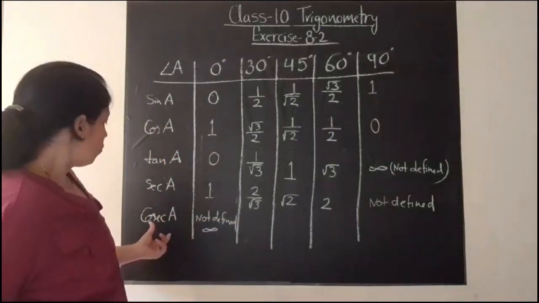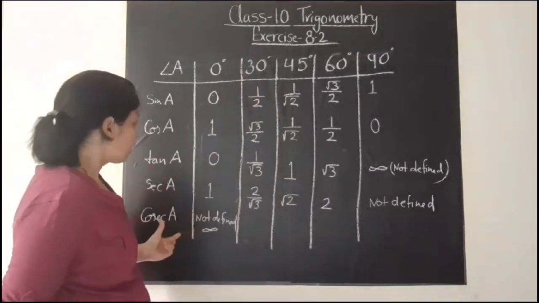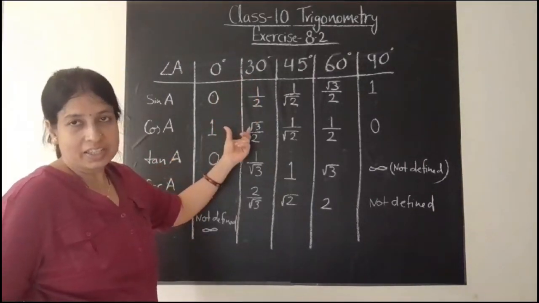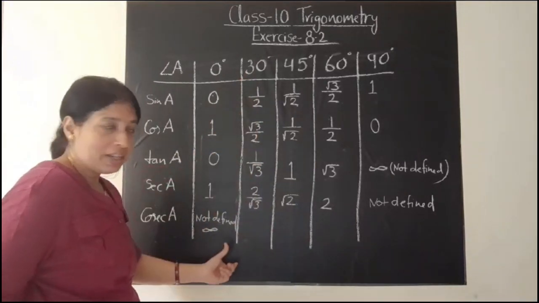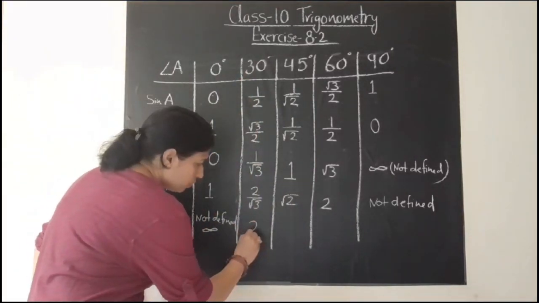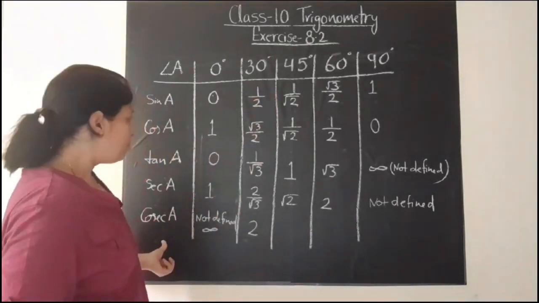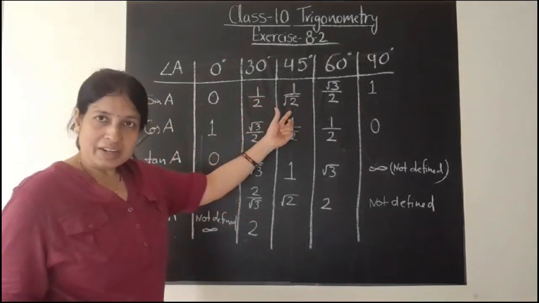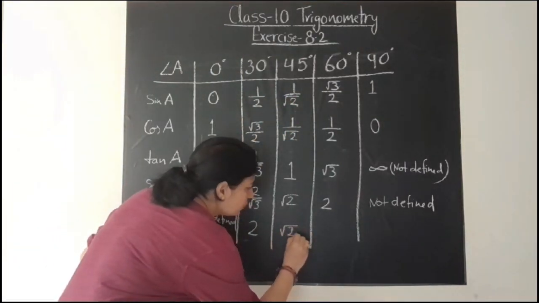Then cosec 30 degree is equal to 1 by sin 30 degree. Sin 30 degree is 1 by 2. So cosec 30 will be 2. Then cosec 45 degree will be 1 by sin 45 degree. So it will come root 2.